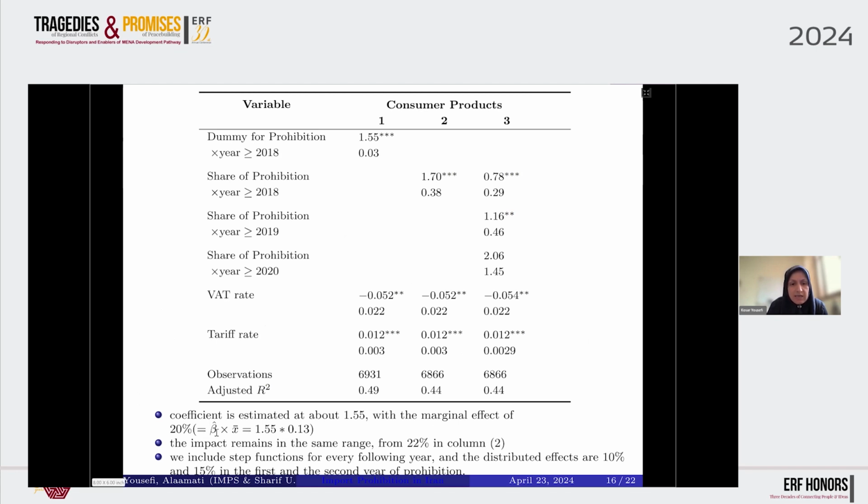The marginal effect is calculated below the table, which says that with this prohibition policy, illegal importation among the treated products is increased by 20%. And that's a really huge number when we compare it to the elasticity of illegal imports with regard to tariff rises in Fisman and Wei, who are studying China and Hong Kong and report an elasticity of 2%.